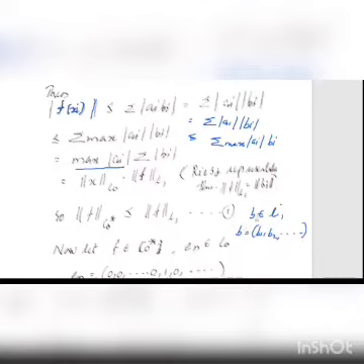Now consider the one norm over here. Norm of b in L1 is sigma i equal to 1 to infinity mod bi.